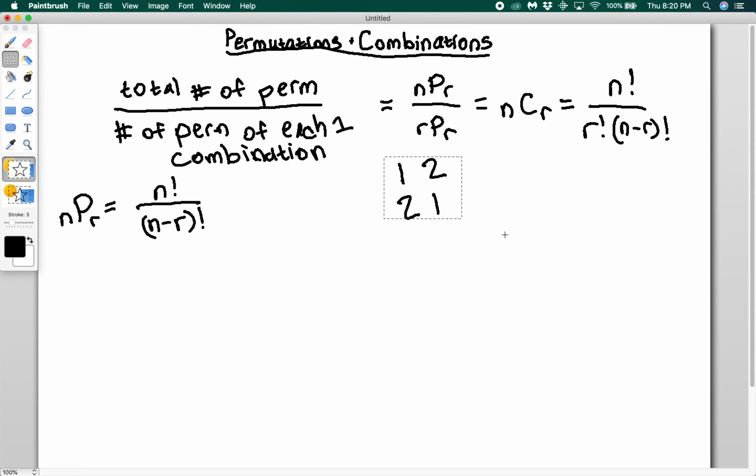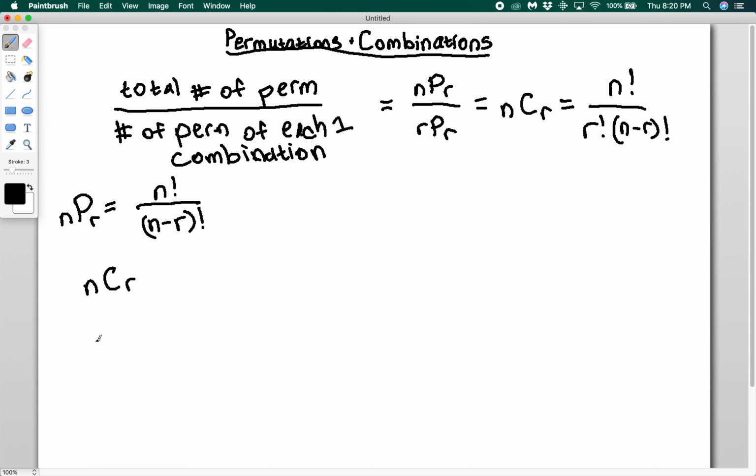Just briefly, I want to show you some of the notations that you're going to see for combinations and permutations. I'm going to generally stick to this one, but for combinations, you could see nCr, and you'll see nPr for permutation. For combination, you could also see this. Permutations, you could see this.